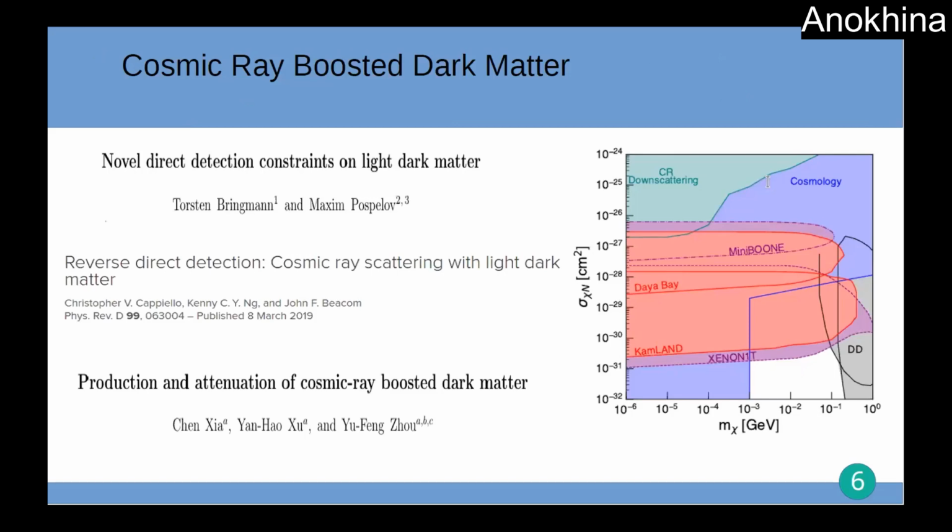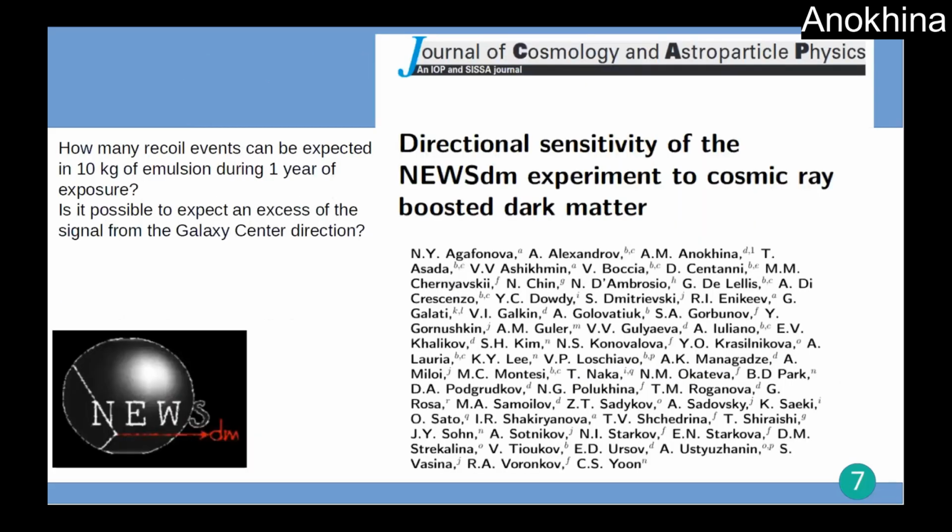Now we consider cosmic ray boosted dark matter. The idea was put forward a few years ago, and now we can explain how many recoil events can be expected in 10 kilograms of our emulsion during 1 year of exposure, and whether it is possible to expect an excess of the signal from the galaxy center direction.